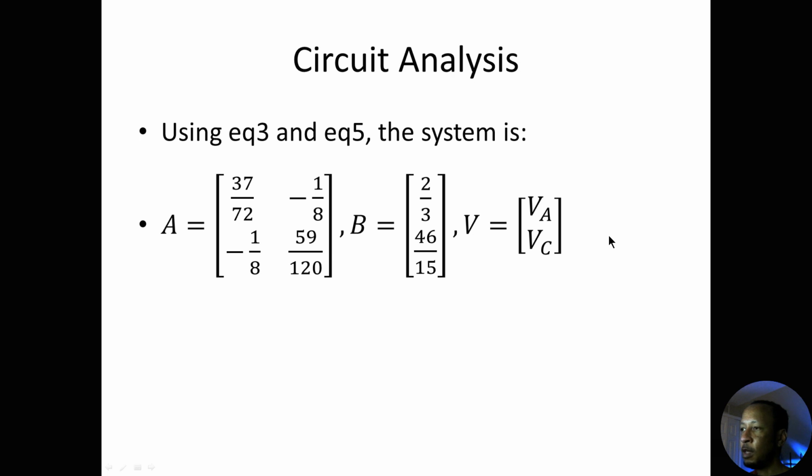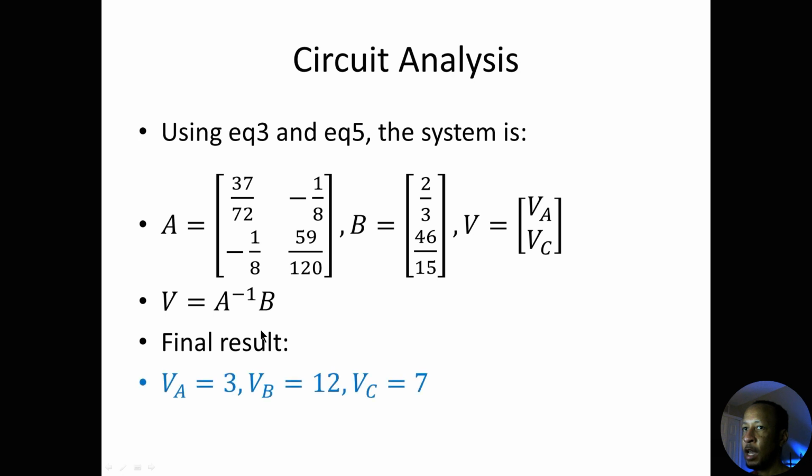So VA and VC are our unknowns. And so when we compute V equals A inverse times B, we come up with a final answer for the node voltages, and VA is equal to 3, VB is equal to 12 as previously stated, and VC is equal to 7.